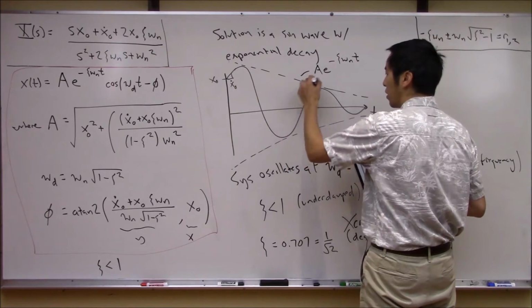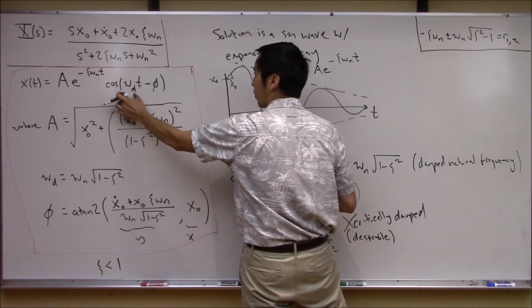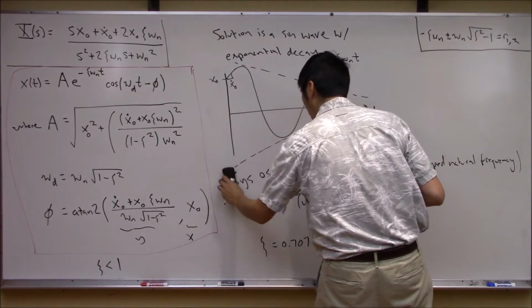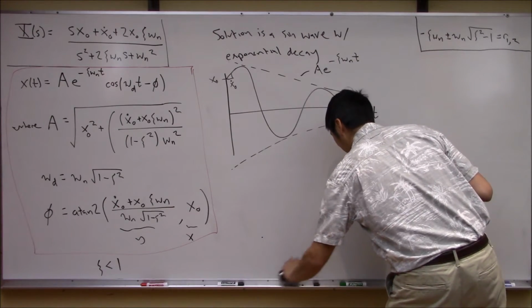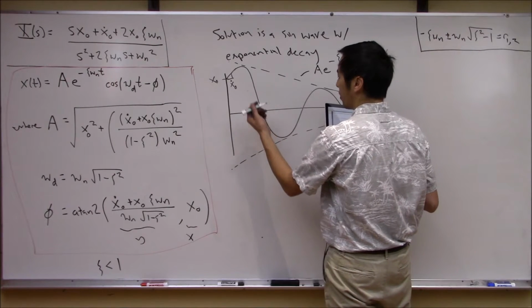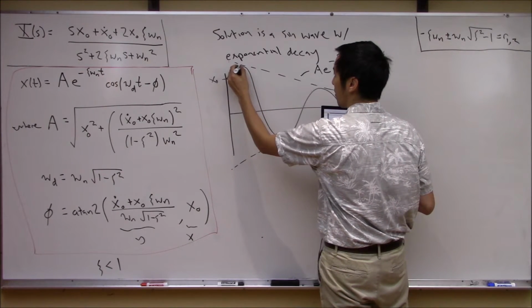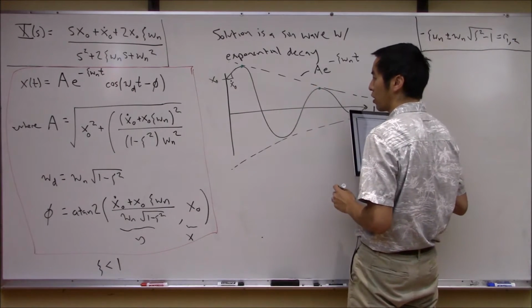And the underlying cosine wave is this term here, which we said oscillates at a frequency of omega d. So what's interesting now is what if we were to examine successive points? Maybe the easiest thing to do is look at a maximum of the cosine wave here and then the maximum of the cosine wave over here, right?